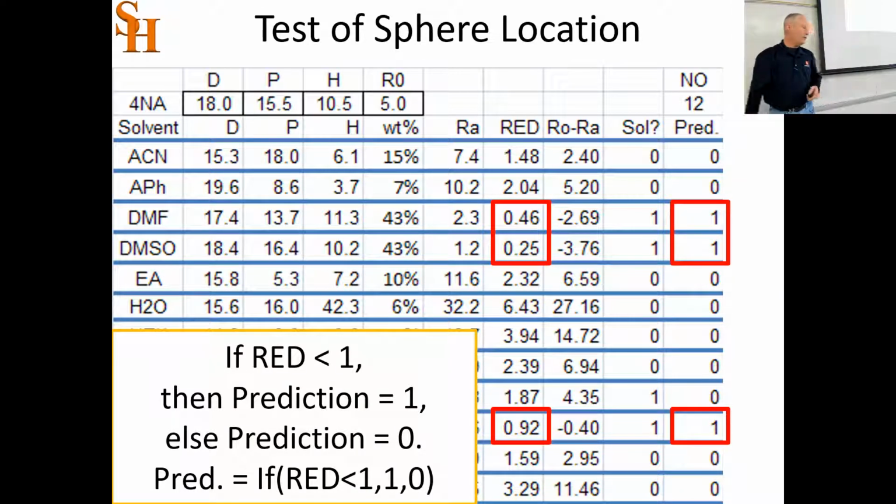And so now for our predicted values. In this case, if our relative energy density difference, this RED number, is less than 1, then our radius is showing that to be inside the sphere. So that would be classified by our model as a good solvent.